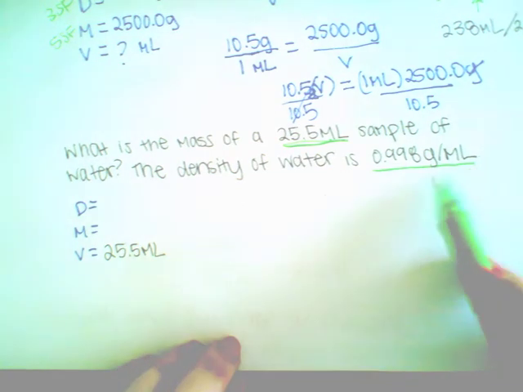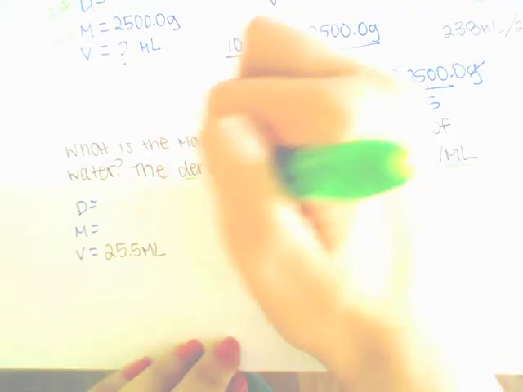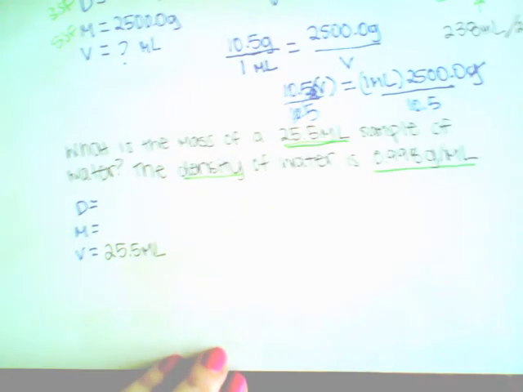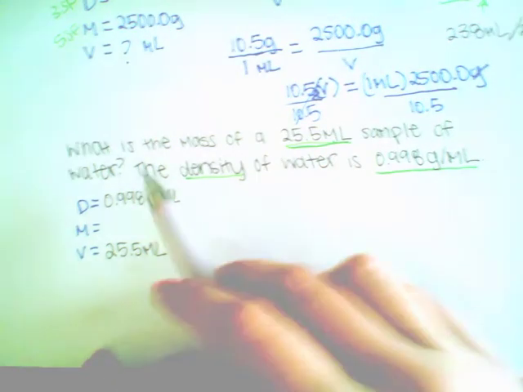Grams per milliliter, so mass per unit volume. Also notice that the question does say it is the density of water. So I will write down that value for D. Okay. Notice the question did say, what is the mass? So the mass is unknown.